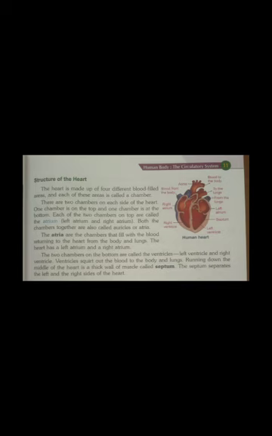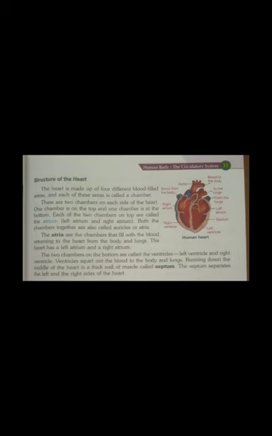Right, now we will talk about the lower chambers. The two chambers on the bottom are called ventricles. Again we have a left side and a right side, left ventricle and right ventricle. The function of these ventricles is to squeeze out the blood to the body and lungs.